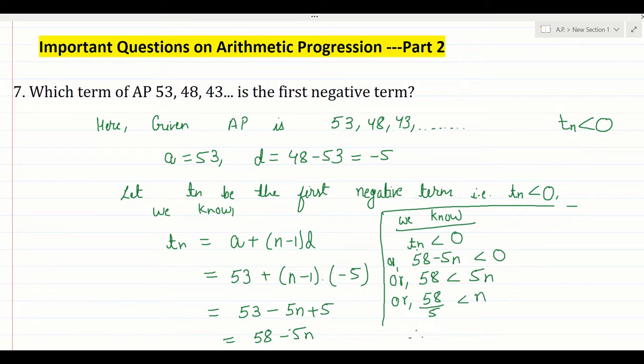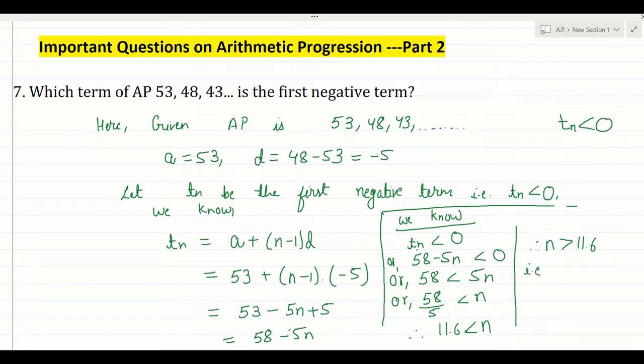And when you divide this 58 by 5, how much do you get? You will get 11.6 less than n. So we can say that from here, therefore the value of n must be greater than 11.6. So what is the value which is greater than 11.6? It is 12.